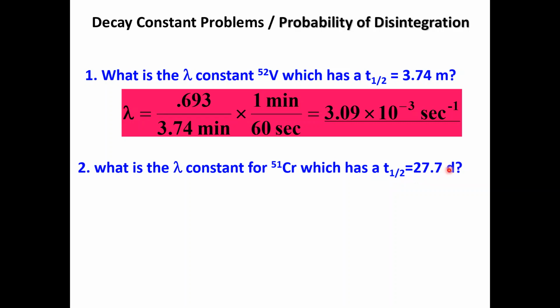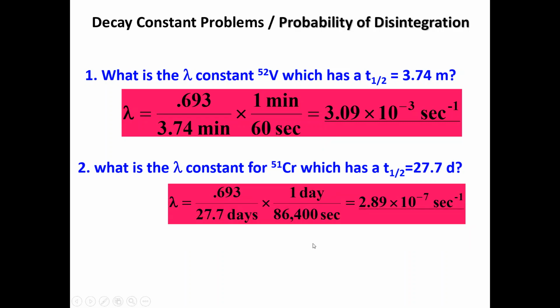Again, first of all, we have the formula for the decay constant. Just as discussed, here days will be converted into seconds, and then we do the calculations. The basic formula is lambda equal to 0.693 divided by the half-life.